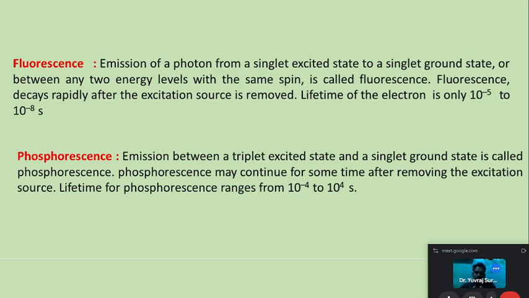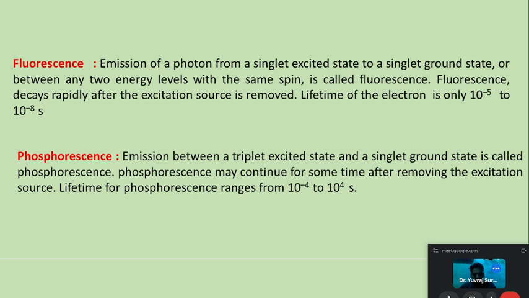The fluorescence decays rapidly after the excitation source is removed. When the energy source is removed, the decay of the fluorescence stops. The lifetime of the electron is 10 raised to minus 5 to 10 raised to minus 8 second.